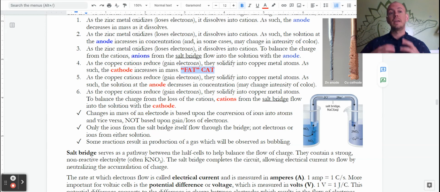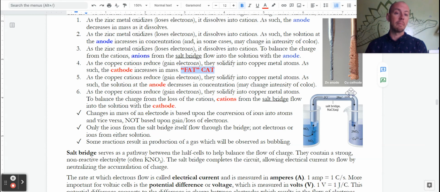The salt bridge is a porous barrier, or it is something that is stuffed full of either an ionic solid or a very high concentration solution of that ionic salt. It helps prevent building up a positive charge or a negative charge on either side because the ions in there can flow into the solutions. But when they do that, we want a strong electrolyte, but we want a non-reactive electrolyte.